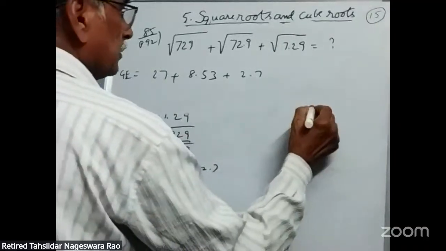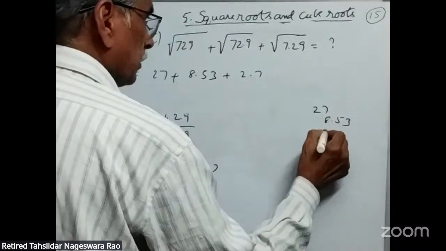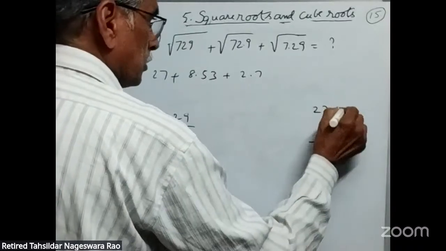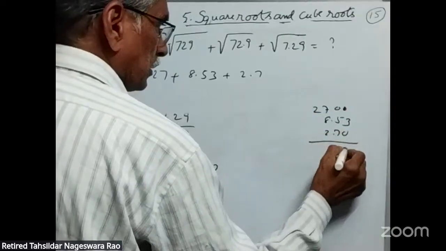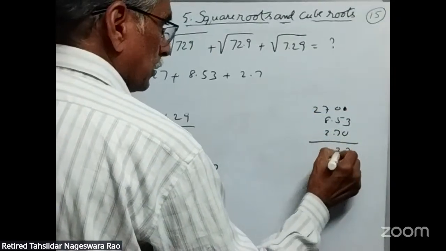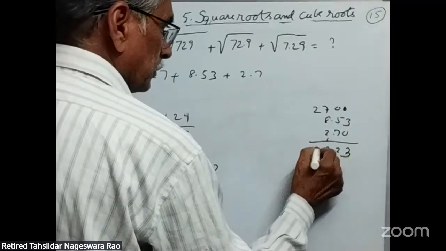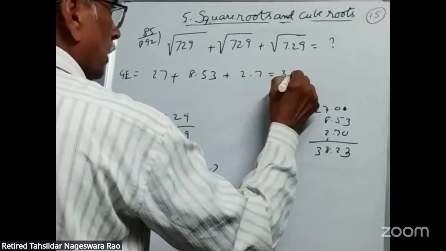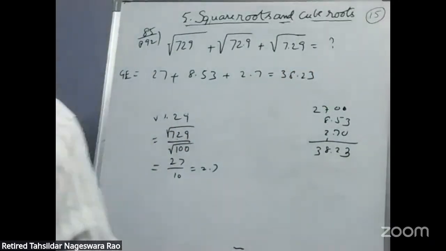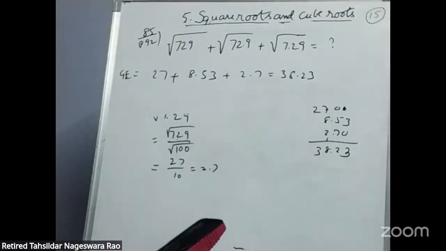Add 27, 8.53, 2.7. Don't forget the decimals. 38.3. The answer option is there, 38.3.